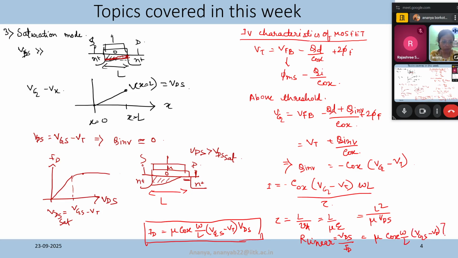This is basically the resistance of the channel, so this is an inverse, right? If we are applying more gate voltage, the resistance will be less, because there will be more number of electrons.